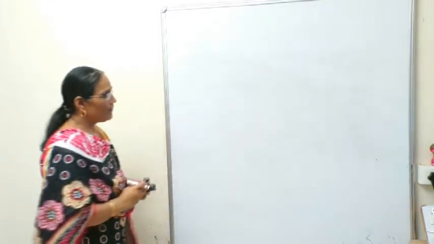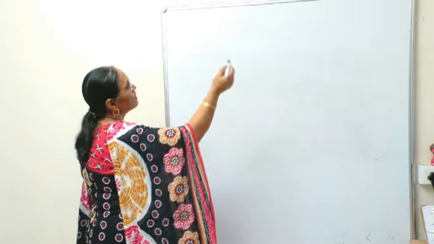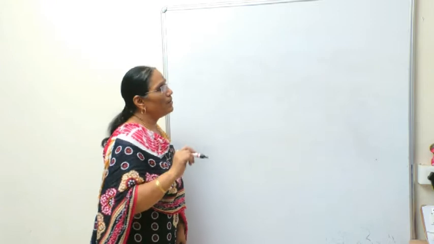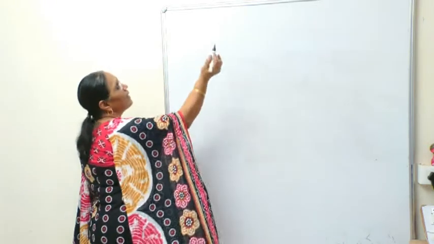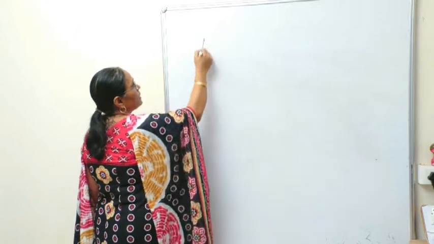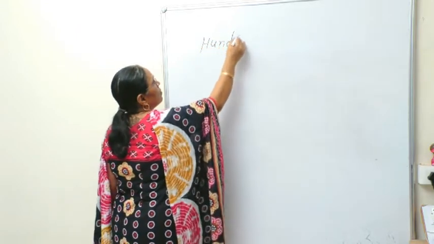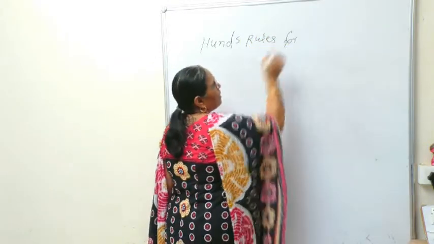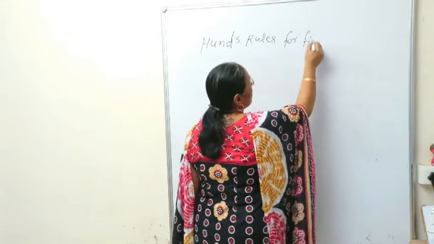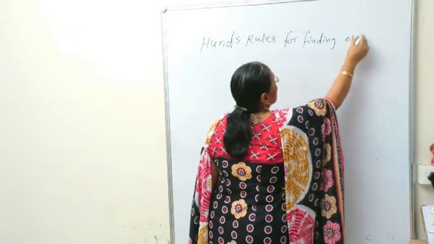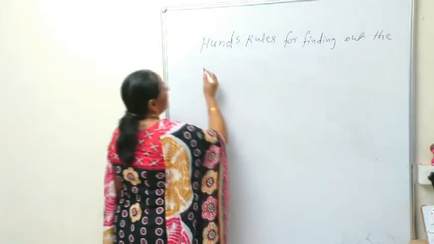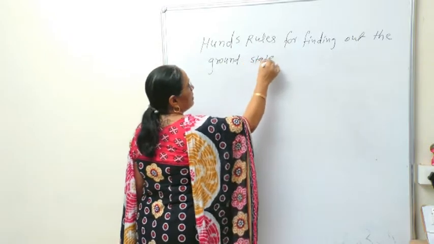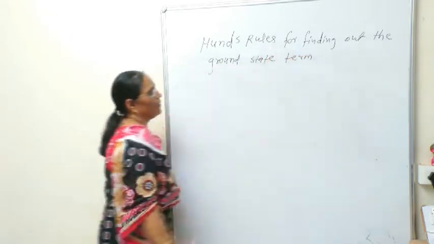Now we will see, out of these 5 terms or number of J values, which term or J value is the ground state level. For that we will have to study Hund's rules for finding out the ground state term for the given configuration.